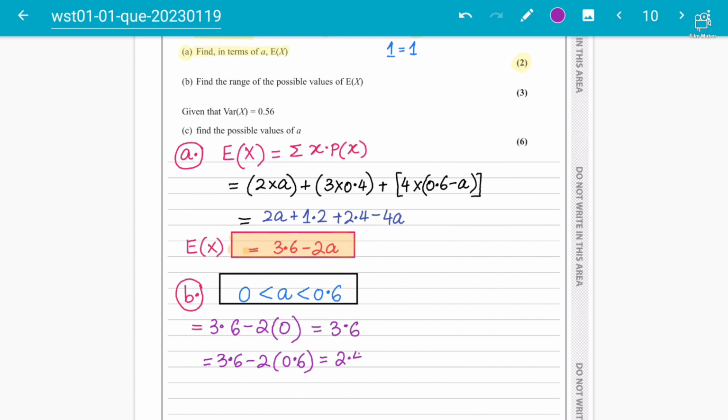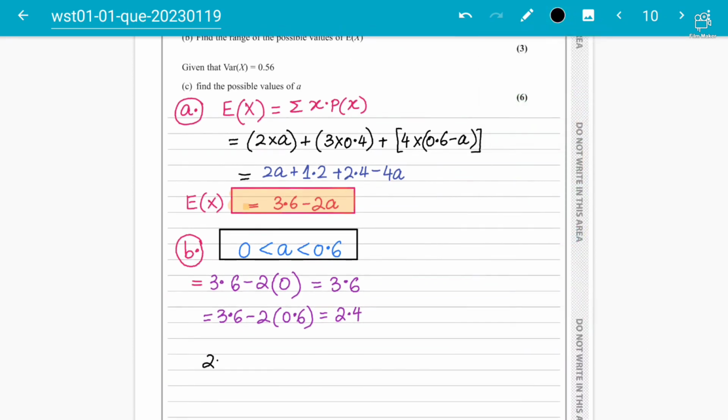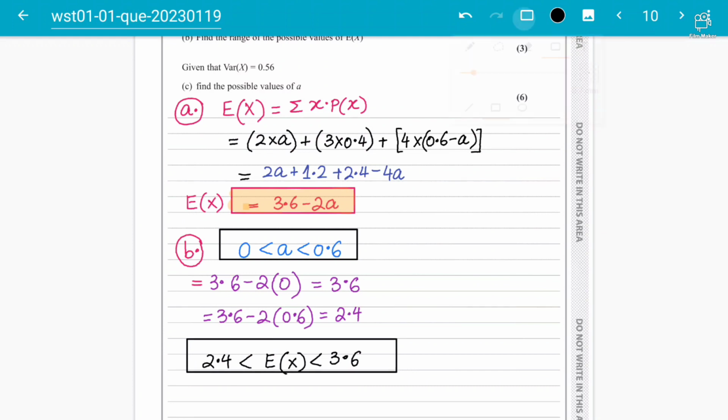So here we go, we got the range for the mean: the mean lies between 2.4 and 3.6, and it will not include the equals to sign, because the mean will be greater than 2.4, as you are not going to take the value of 0.6, neither can you take the value of 0. It will be a value between them. So the mean will have a value from 2.4 to 3.6, okay?